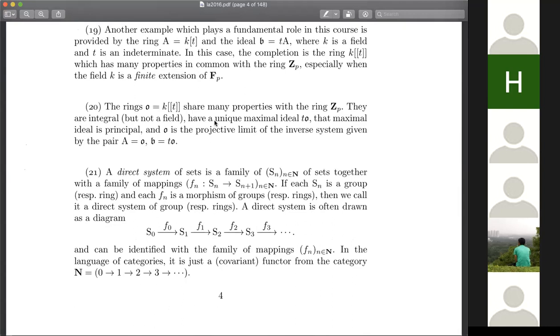So they are a0 plus a1 t plus a2 t squared and so on, up to some a_n t to the n. But if I now allow these expressions to go all the way up to infinity, I treat this as a formal expression. It's called a formal power series. So that's the inverse limit of this inverse system.